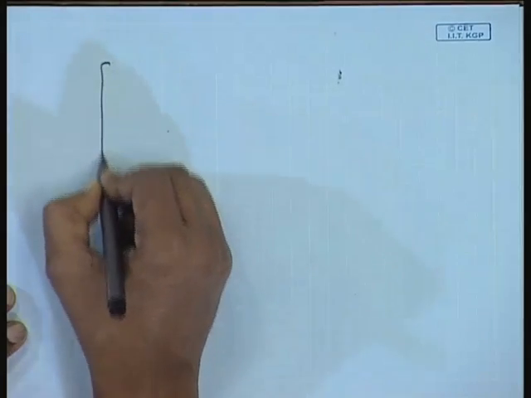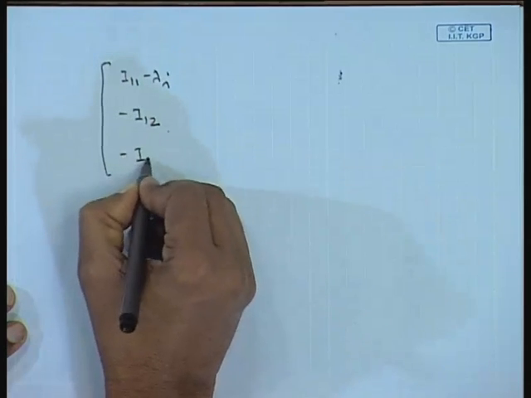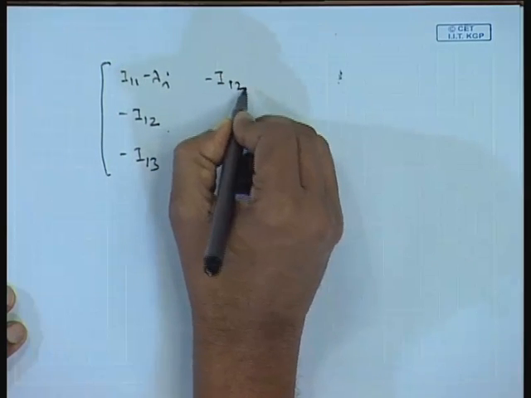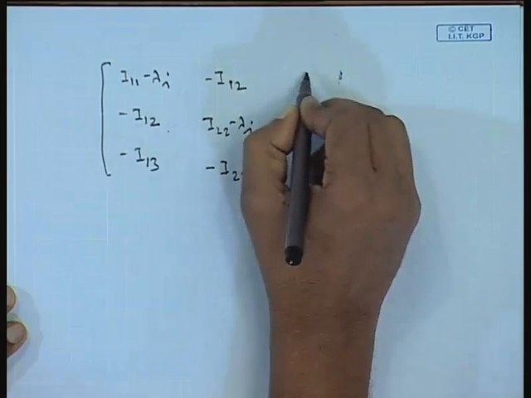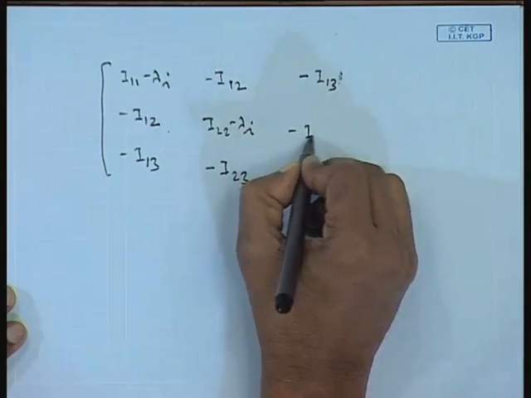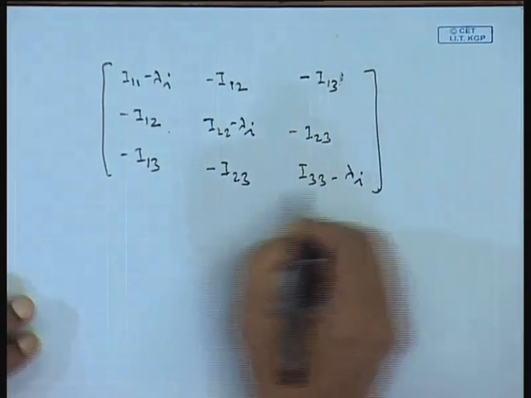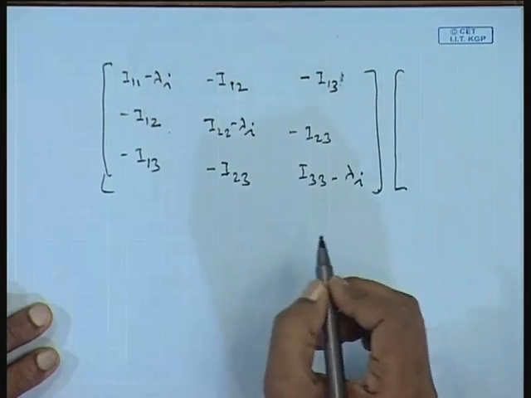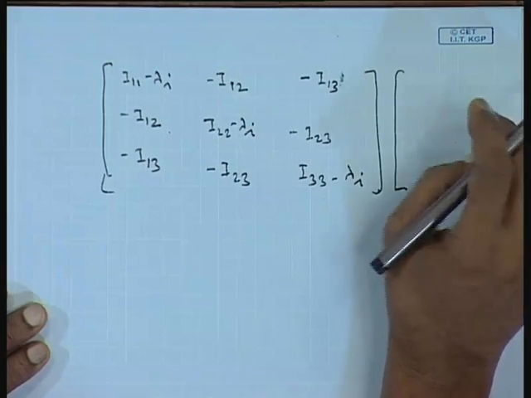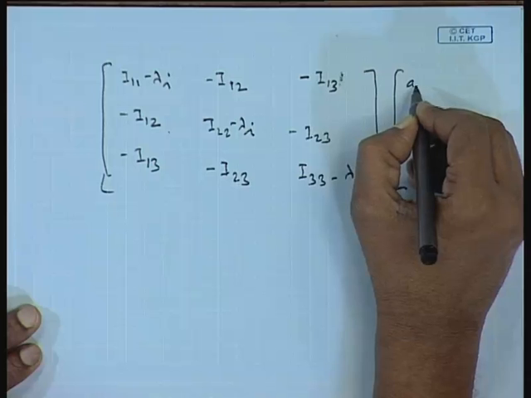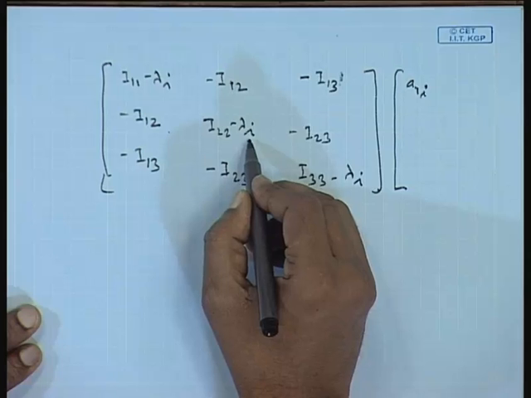So, the matrix that we have used, I11 minus lambda I, minus I12, minus I13, and instead of using here the eigenvectors as omega 1, omega 2, omega 3, so as not to confuse, because this notation may confuse, let us choose here omega 1 i, which is corresponding to this particular ith eigenvalue.